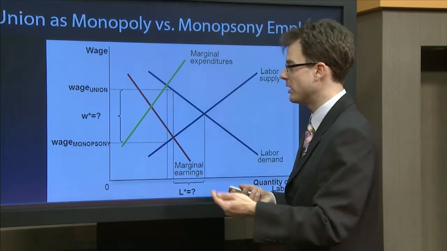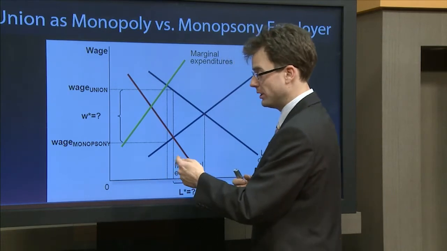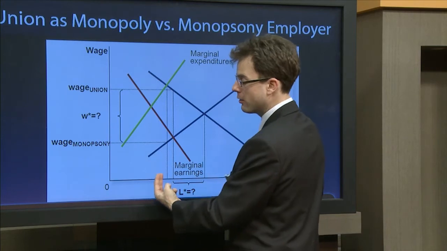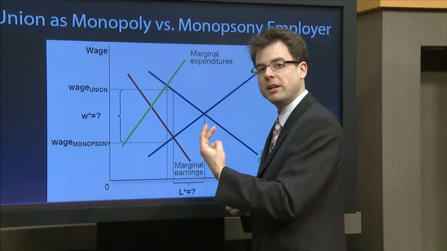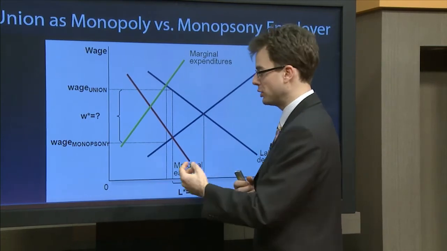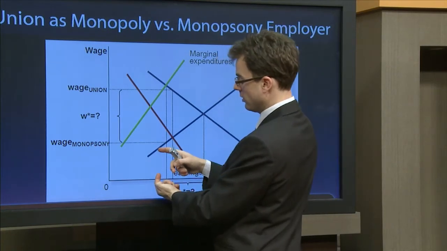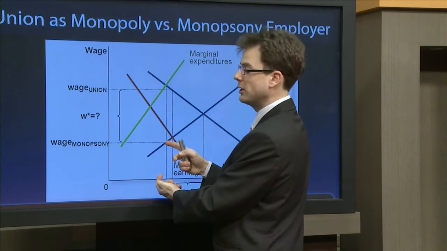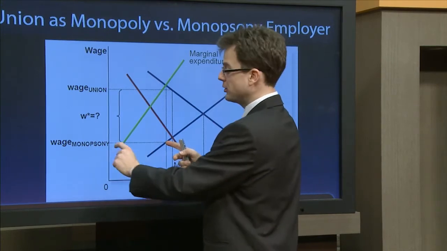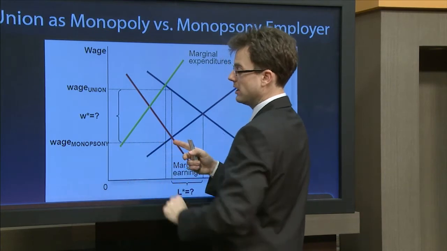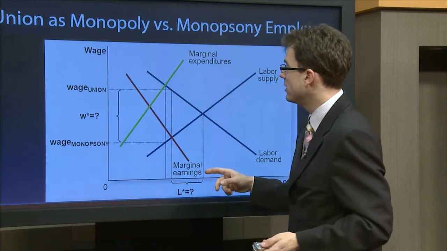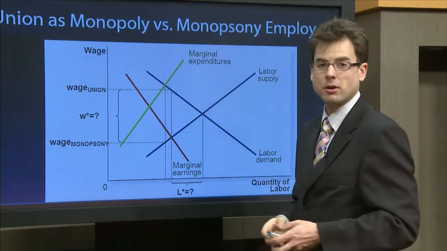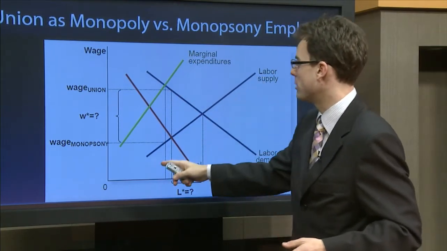So in the case of monopsony, we still have the output effect and the price effect of hiring an extra worker. But here, the two effects work in the same direction. Because of the output effect, the factory has to pay greater wages, and also it has to pay higher wages to all of the existing workers. So because of that, the monopsonist faces a marginal expenditures curve, which is steeper than the labor supply curve.